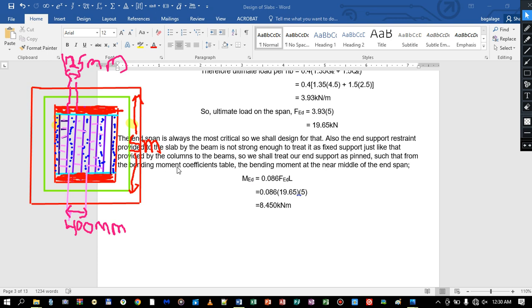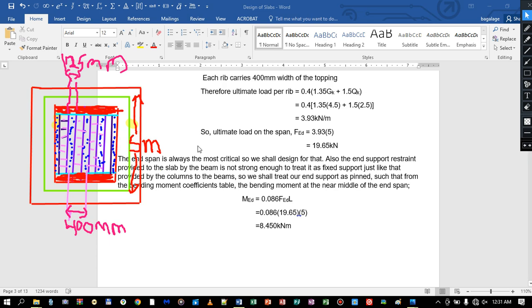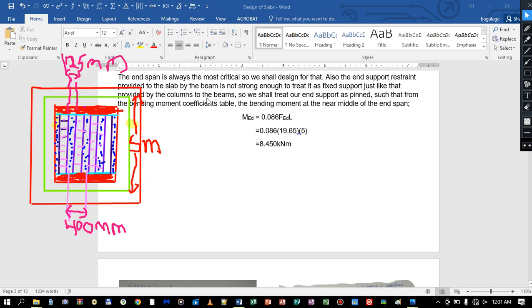For continuous beams, we have an option of considering the end support fixed due to the monolithic casting of the slab. But if we are to follow this statement that the end span is always the most critical, so we shall design for that.